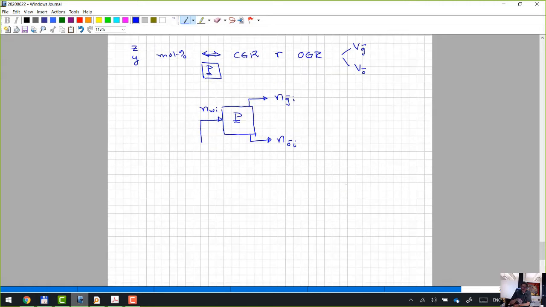A program like HYSYS actually operates on this molar basis. Even the multi-stage calculations in a PVT package do this, but you don't usually see the number of moles being provided.